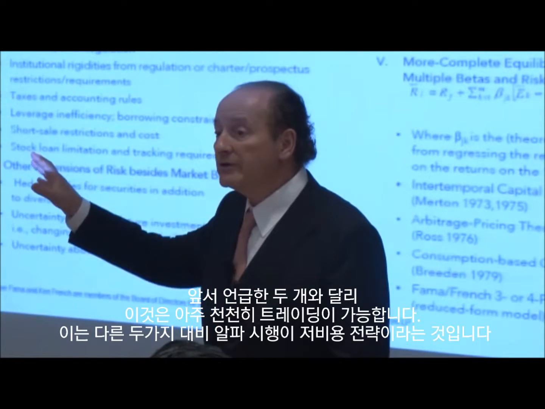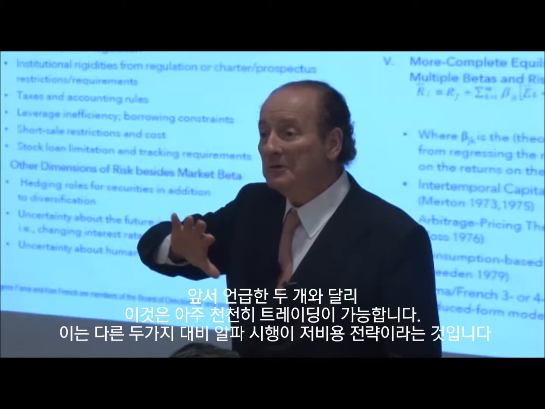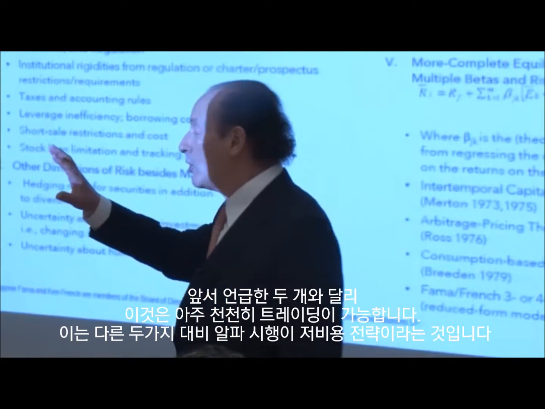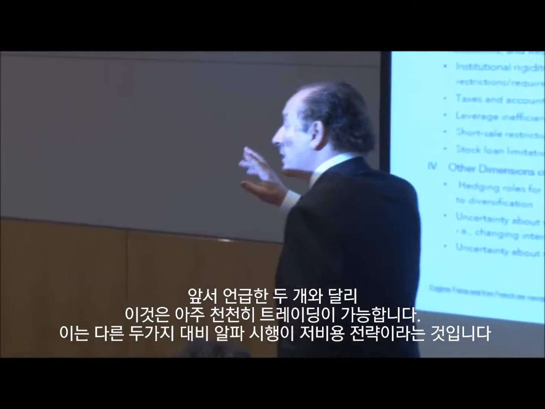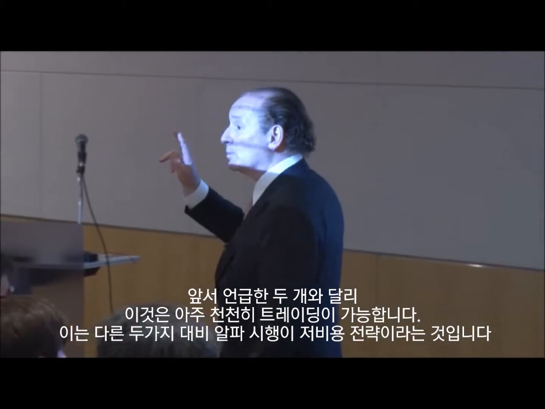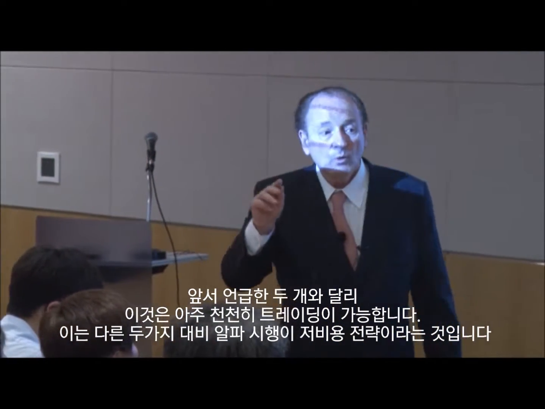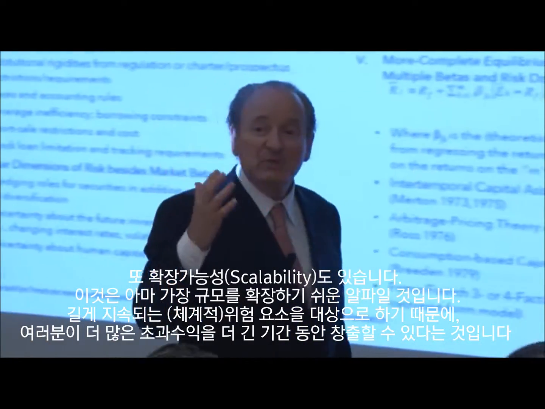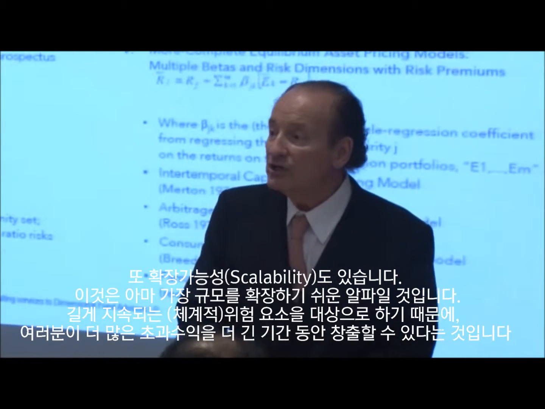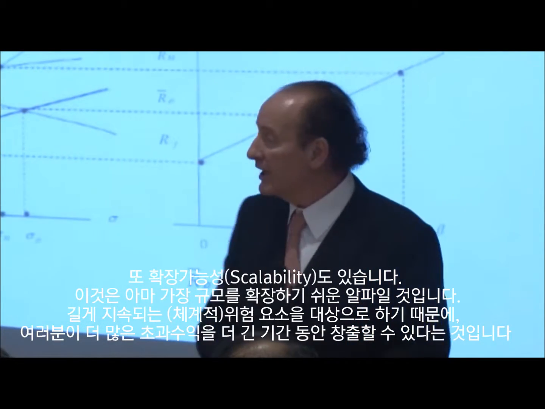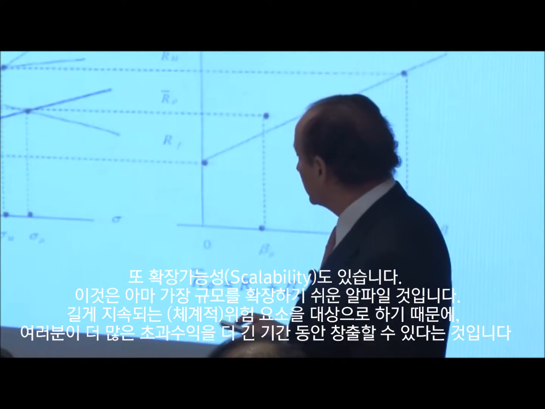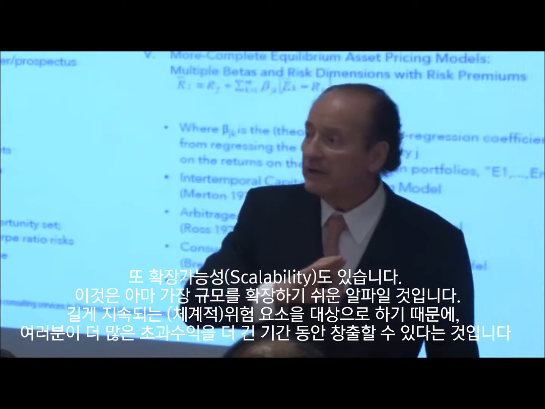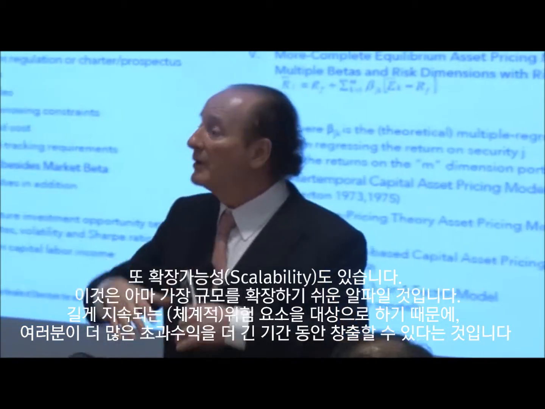So unlike the other two, this one, you really can trade it slowly, which means it's a low-cost strategy for alpha to implement, even compared to the other two. What else is true? Scalability. This is also going to be the most scalable alpha because you're scaling along lines of risk that are big events.